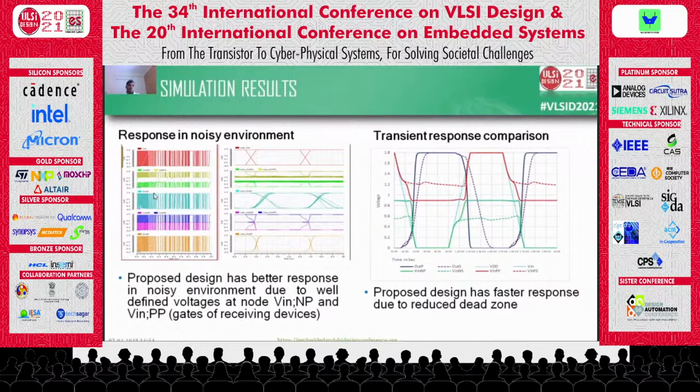And this gives us a very clear eye diagram, and in the proposed high voltage receiver you see absolutely no jitter, whereas in the standard we have an amount of jitter available in the received signal.